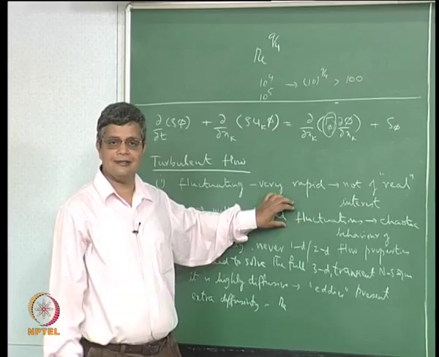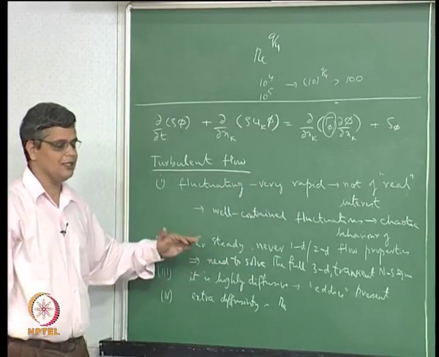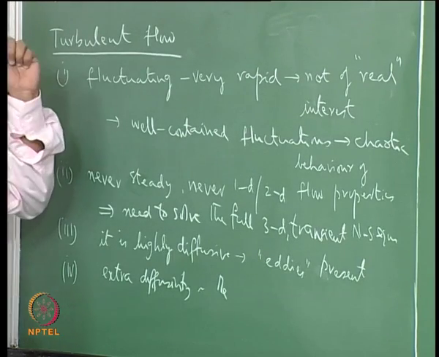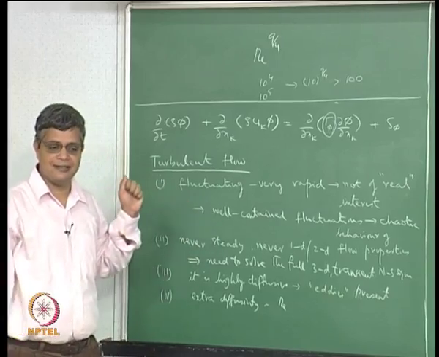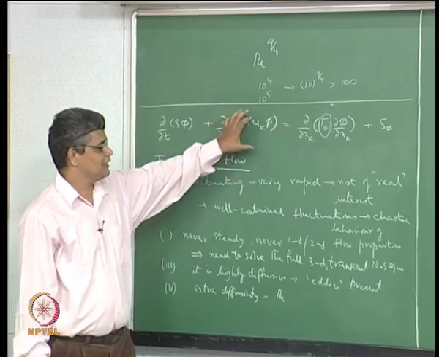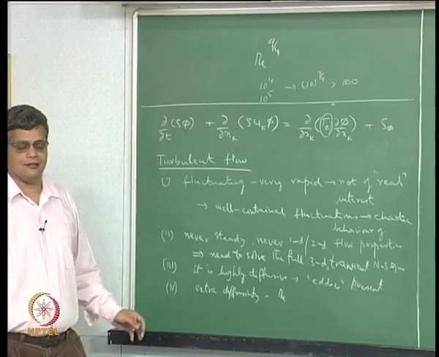When you look at the overall effect of this in terms of diffusivity and in terms of the overall transport coefficients, these fluctuations have a very large role to play, and it is necessary to resolve and quantify these so that we can get the proper evaluation of the scalar.